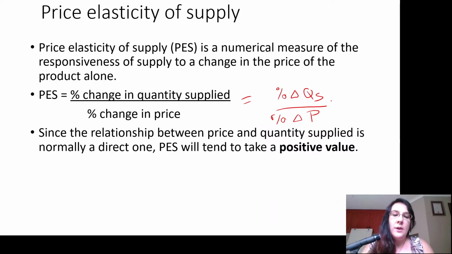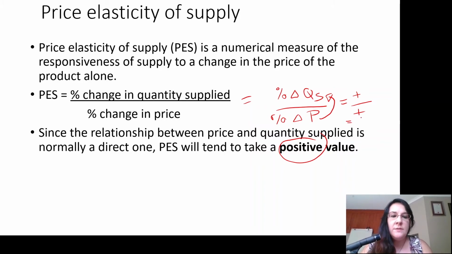So if I look at PES in relation to supply, I actually want to look at that positive relationship between price and quantity supplied. So here again, I am looking at PES as the change in price is affecting the change in the quantity supplied. So now if I say I want the price to increase, so price is increasing, leading to an increase in the quantity supplied, because suppliers want to supply more at a higher price.